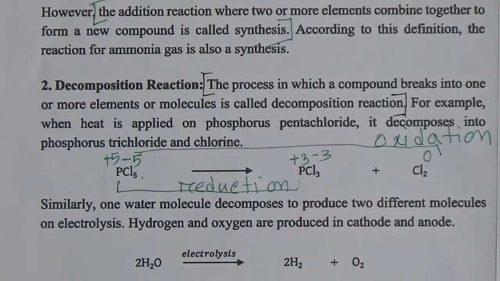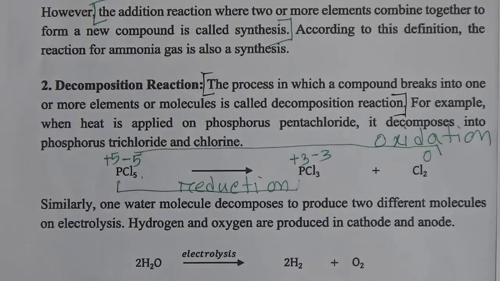Again I am saying, when the oxidation number increases, the oxidation occurs there, and when the oxidation number decreases, the reduction occurs there. And if we electrolyze water, we get hydrogen and oxygen. This is also a decomposition reaction.